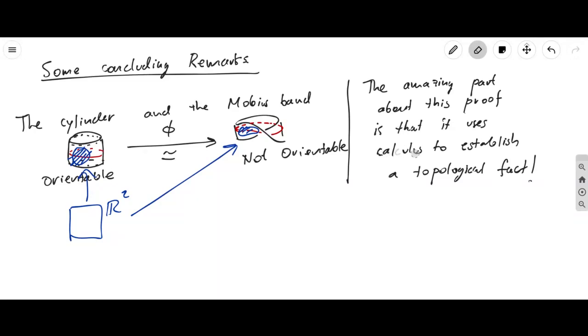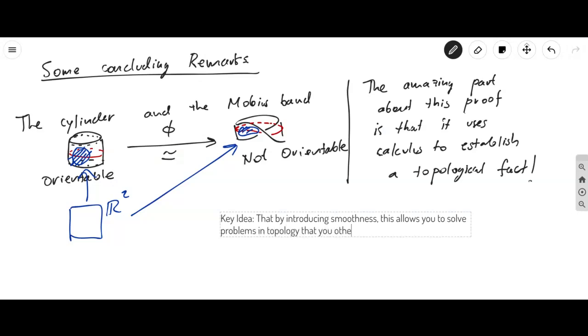So you're using calculus to establish a result in topology, and that's quite amazing. It goes back to what we were saying, that the key idea is that by introducing smoothness, you can solve problems in topology that you otherwise cannot solve. That's the big idea of all of this.